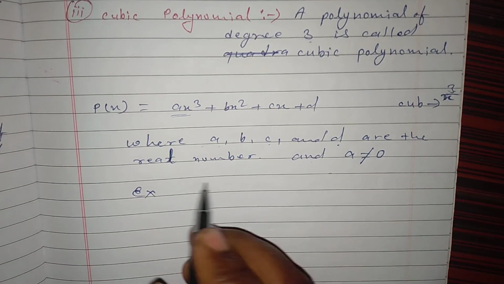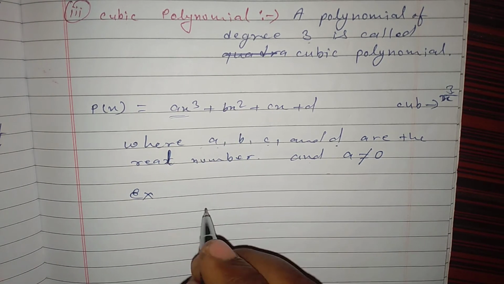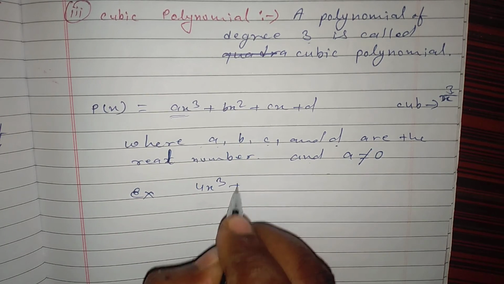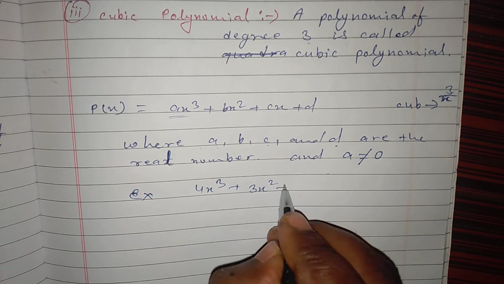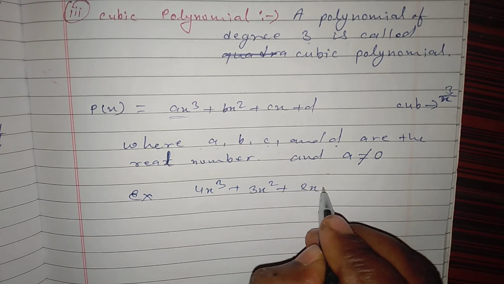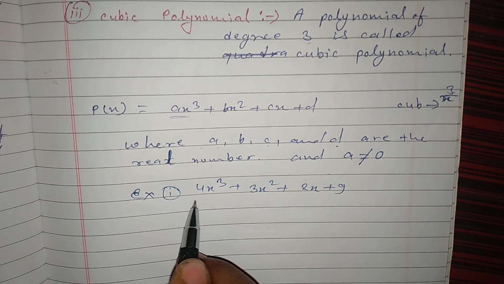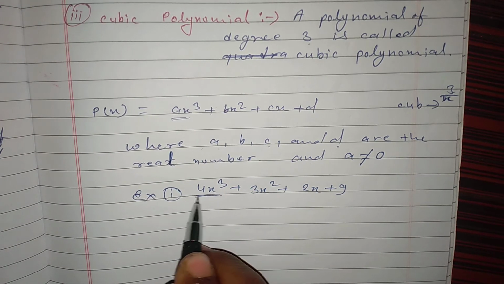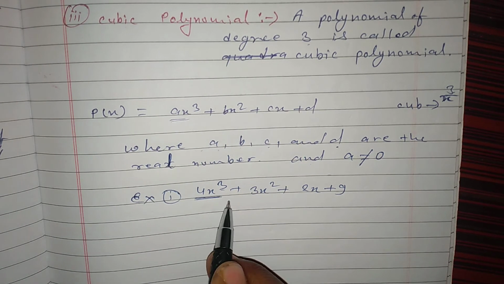Such as example: 4x cube plus 3x square plus 2x plus 9. In the first example, the highest power of the polynomial is 3, or the highest degree of the polynomial is 3.